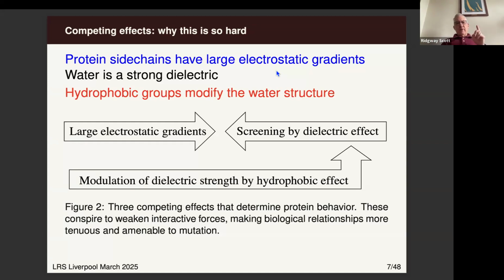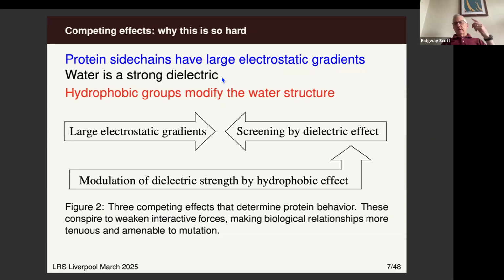Well, if it were just for that, things would be quite different. So in particular, people have done studies of protein folding in a vacuum, and you get quite a different answer. So the fact that we're folding in water, essentially a vitreous environment, is critical. And why? Because water is a very strong dielectric. It's probably the strongest dielectric that I know of that occurs in nature.